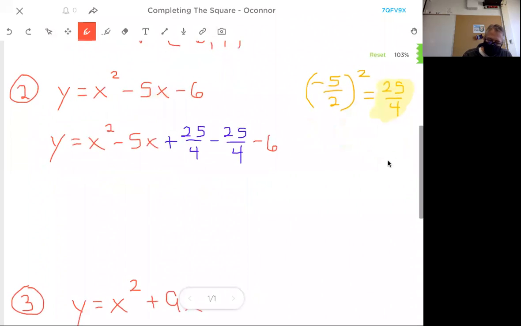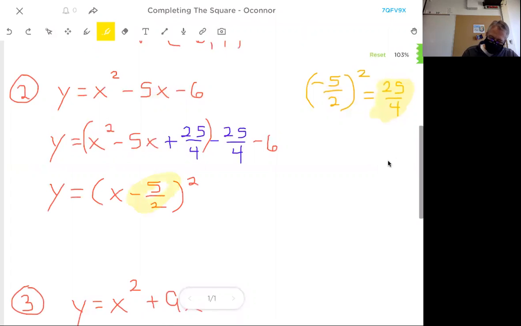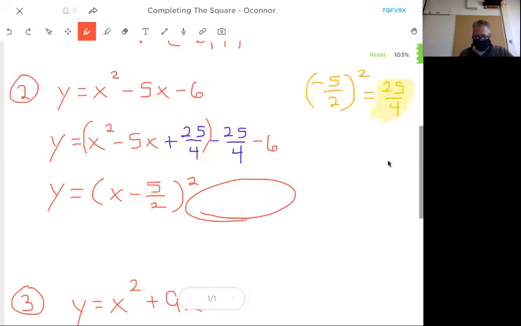Now we need to factor the first 3 terms, which seems really hard unless you remember that it's going to factor into x minus 5/2 quantity squared. I got the 5/2 from half the b term. And I still have to do -25/4 minus 6.